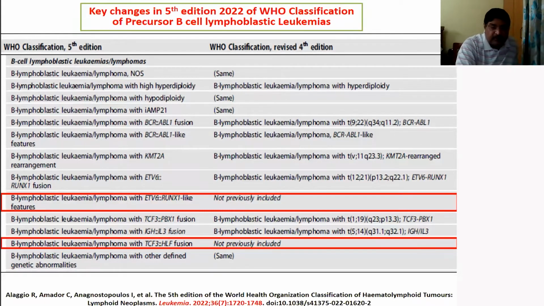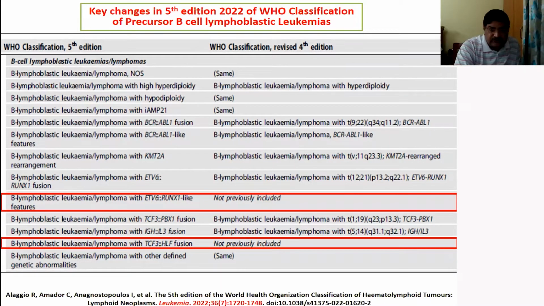And finally, you have a category called ALL with other defined genetic abnormalities. So if you find some defined, repetitive, consistent cytogenetic abnormalities in this disorder, you will put them in this category.